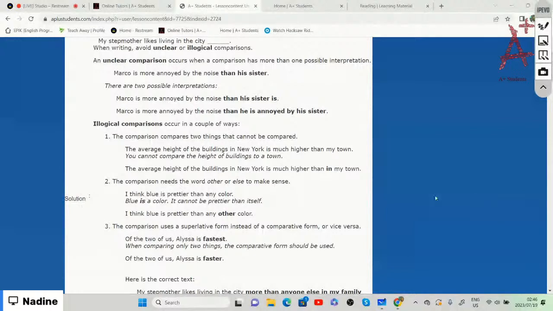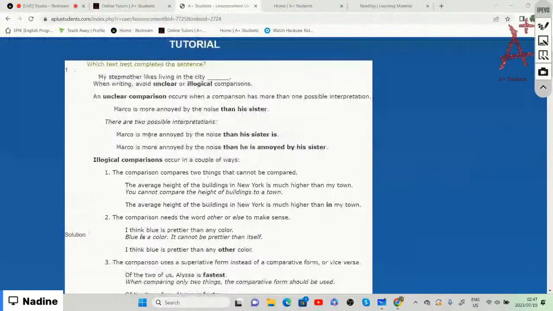For example, Jane is the fastest in her class, which means that she's being compared to everybody else in the class, or to the girls in the class, or the boys in the class. That is when we use words like fastest, longest, smartest, and so on. That is a superlative form, not a comparative form, right?